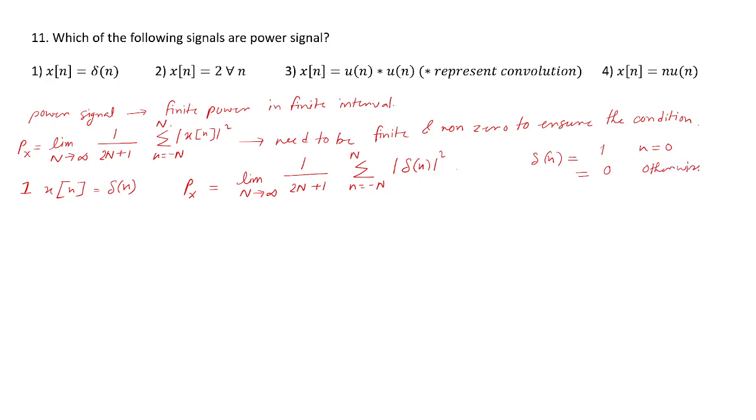So among all these delta[n]'s, only the one at position 0 matters, and the rest are 0. So it becomes limit N tends to infinity of 1 over 2N plus 1 times 1.